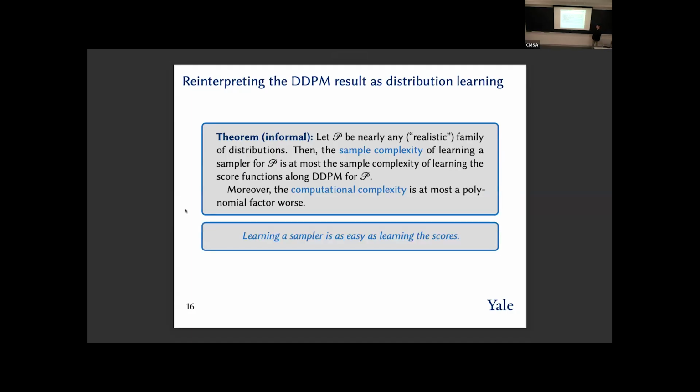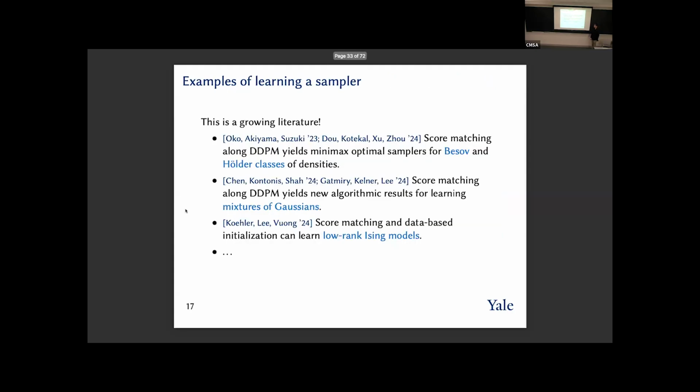A tagline for this could be: learning a sampler, this form of distribution learning, is as easy as learning the scores. And let me just mention there's actually a growing literature on distribution learning in the sense of learning a sampler, and I think this should be expanded upon.